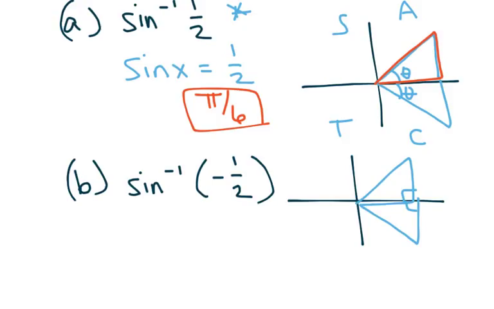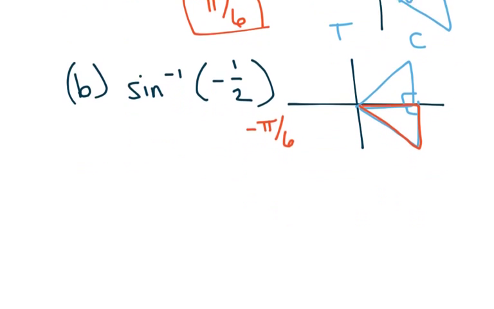Well, since sines are only negative in quadrant 4, that means my answer is going to be negative pi over 6. Now we know negative pi over 6 is coterminal with 330 degrees, which is 11 pi over 6, but we're not going to worry about that. We're going to work with principal values, what the graphing calculator would give us if we were to do the problem in that. Let's do one more.